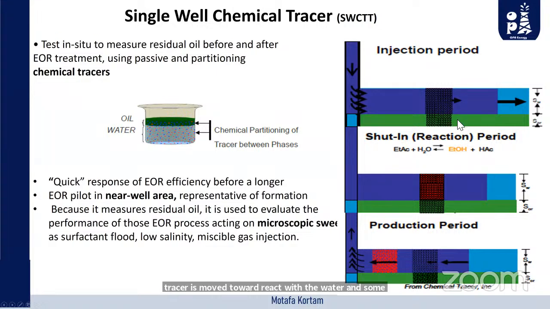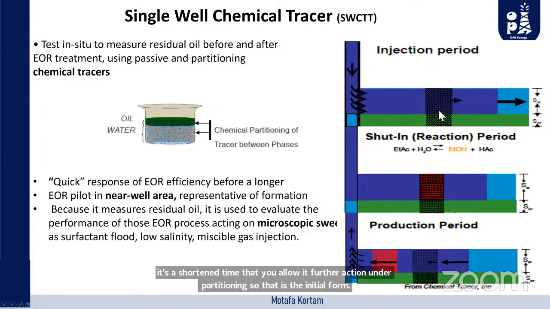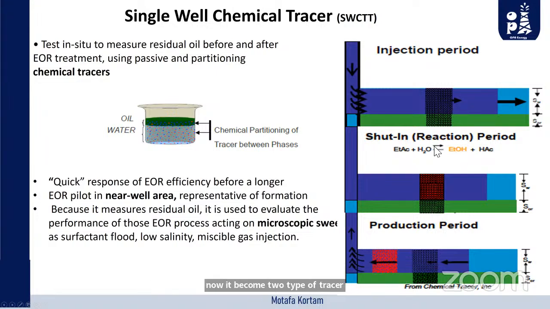The green one represents the residual oil, and this one represents the water. Then comes the shut-in time that you allow for the reaction and partitioning. That is the initial form. Now it becomes two types of tracer: a type attached to water, and a type partitioned in or attached to the oil.